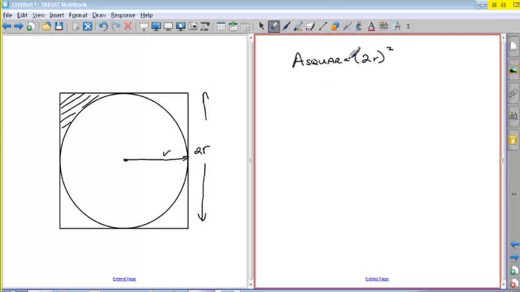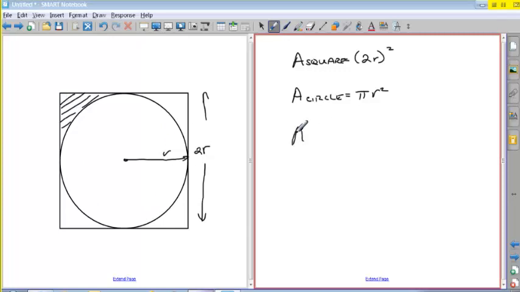And then you have the area of the circle, which is going to be equal to pi r squared. And that area of the square is going to be bigger than the area of the circle because we got these extra little bits here.